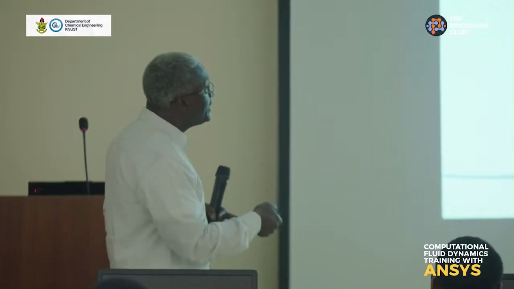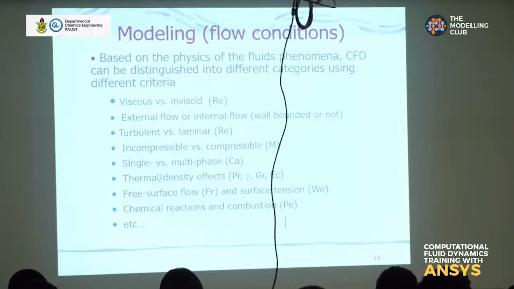On the other hand, if it's an internal flow, that is, the flow is within a confined, bounded region, then we have to classify it as such and solve for the flow inside the pipe or inside the tank. We also have to distinguish whether the flow is turbulent or laminar. The Re here represents the Reynolds number.